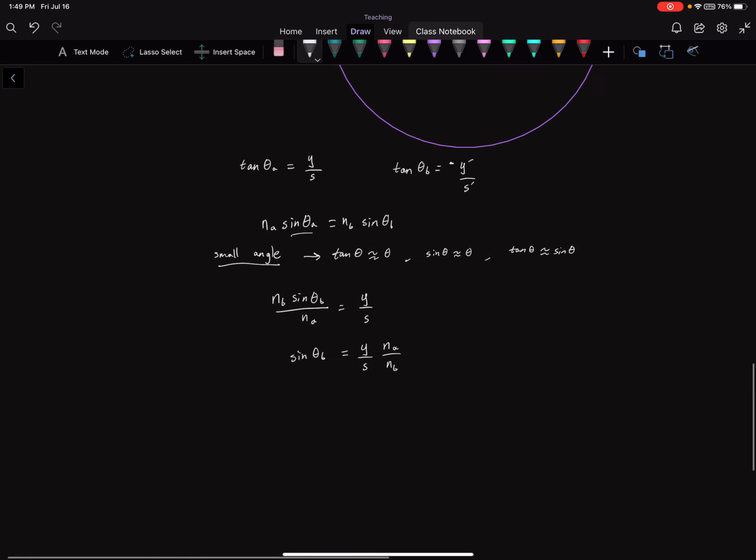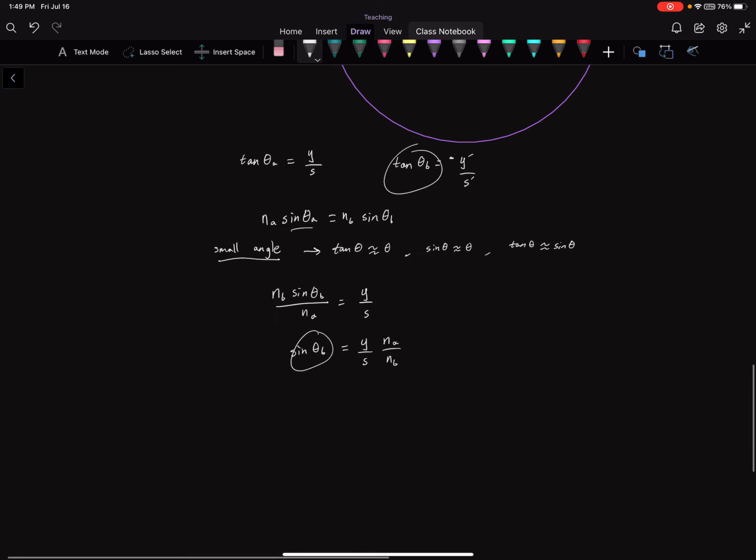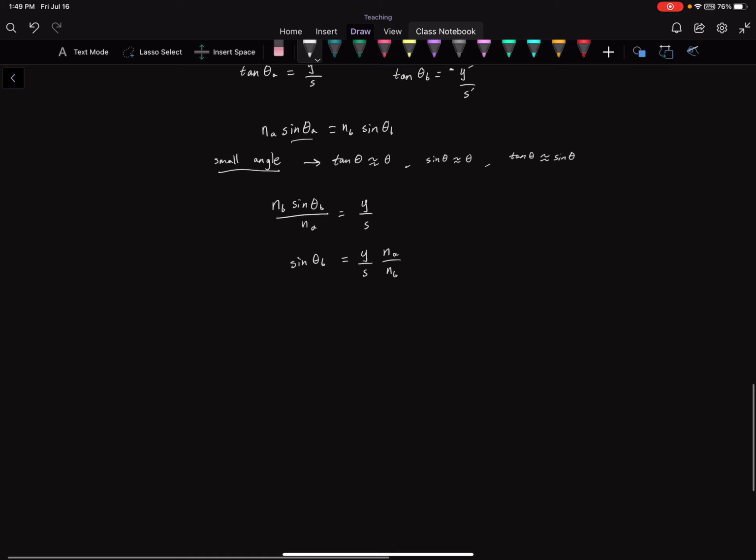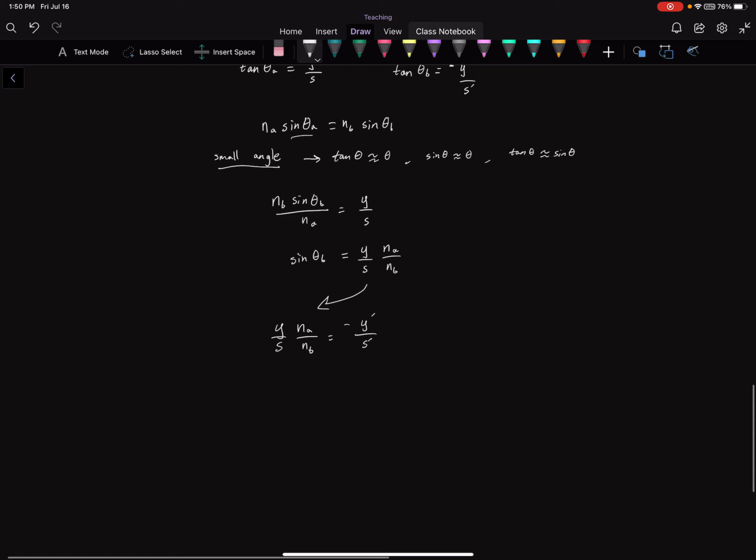And so then, therefore, we can relate this guy and that guy, because sine theta B, if we're using small angle approximation, is about equal to tangent theta B. So then we can say, putting this on the left side, y over s NA over NB is about equal to negative y prime over S prime. Right?